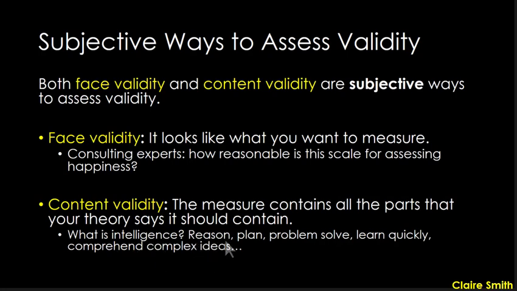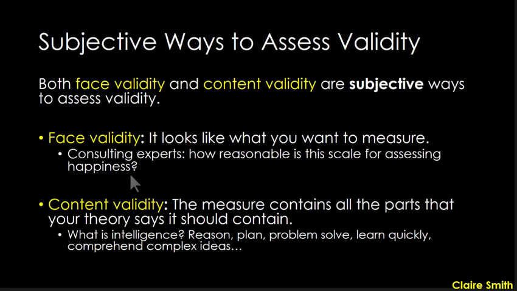Well, it's being able to reason, plan, problem solve, learn quickly, comprehend complex ideas, and so on. So we come up with what our idea of what intelligence encompasses, and then make sure that the way we operationalize our test of intelligence includes things that test all of these.